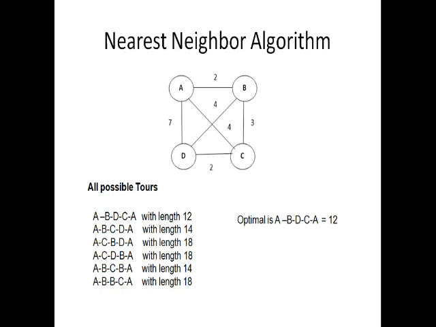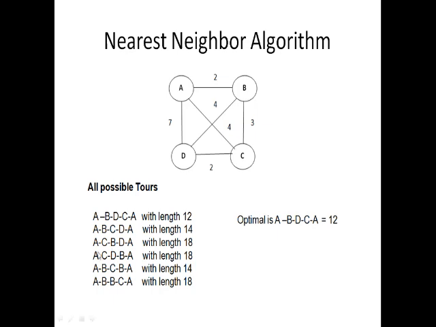The constraint is that all the nodes are to be visited and the starting node should be the ending node. Because this is an exact calculation, we look at all possible combinations of visiting.